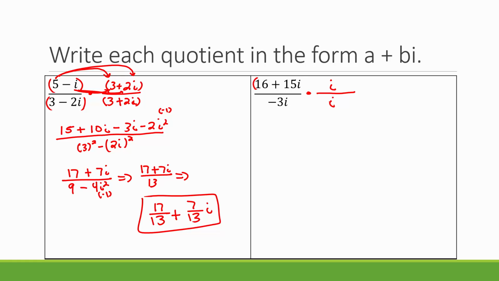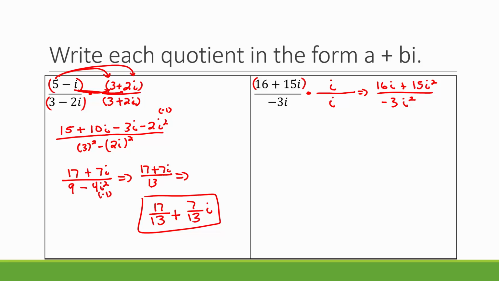So let's use our distributive property in the numerator. So that will give us 16I plus 15I squared. In our denominator, we have -3I times I, which gives us -3I squared.